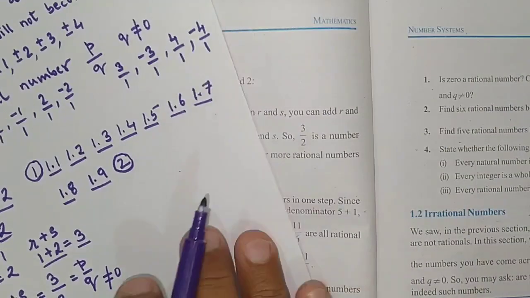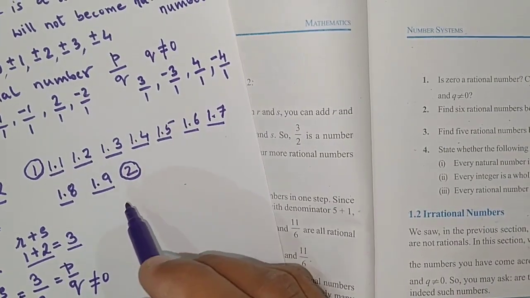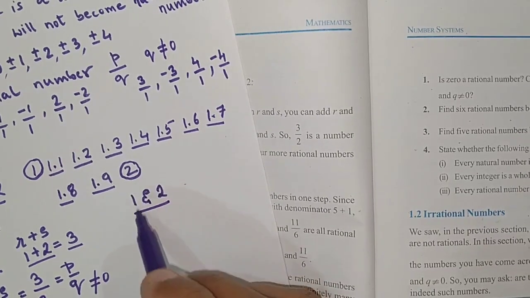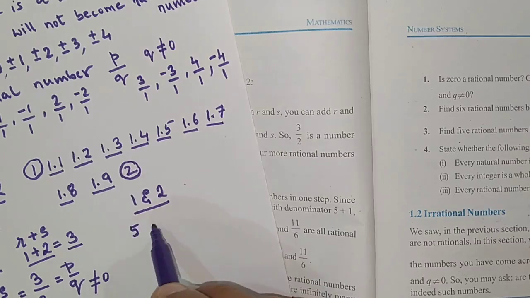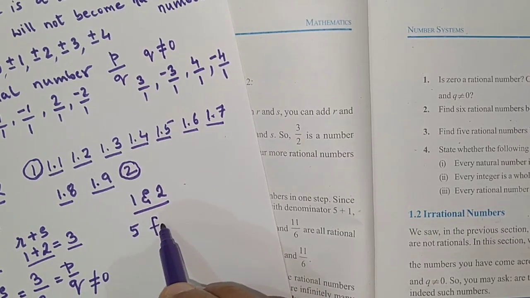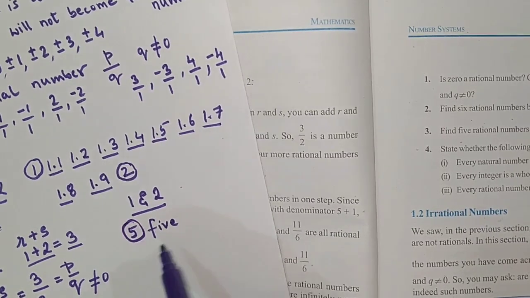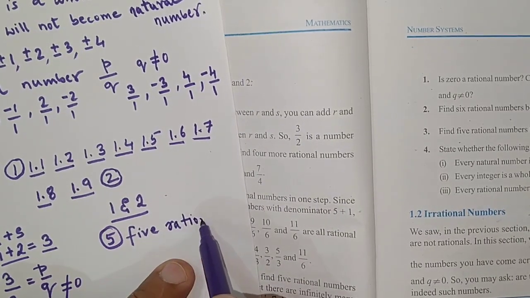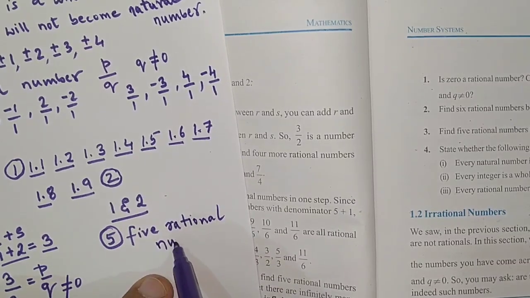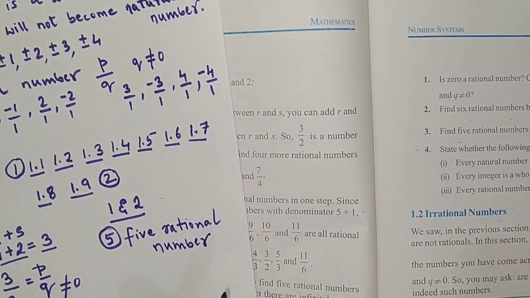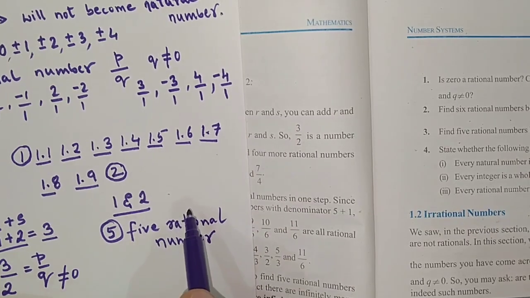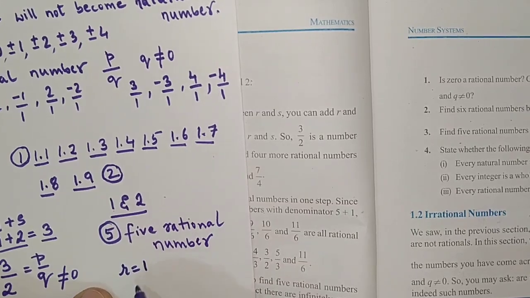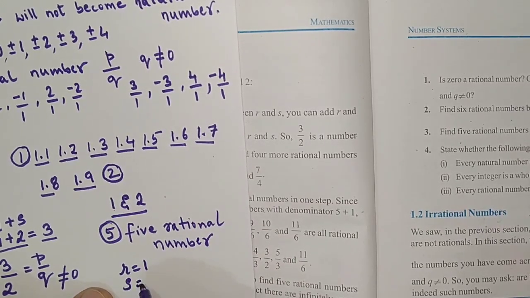Now the question: between 1 and 2, you need to find 5 rational numbers.